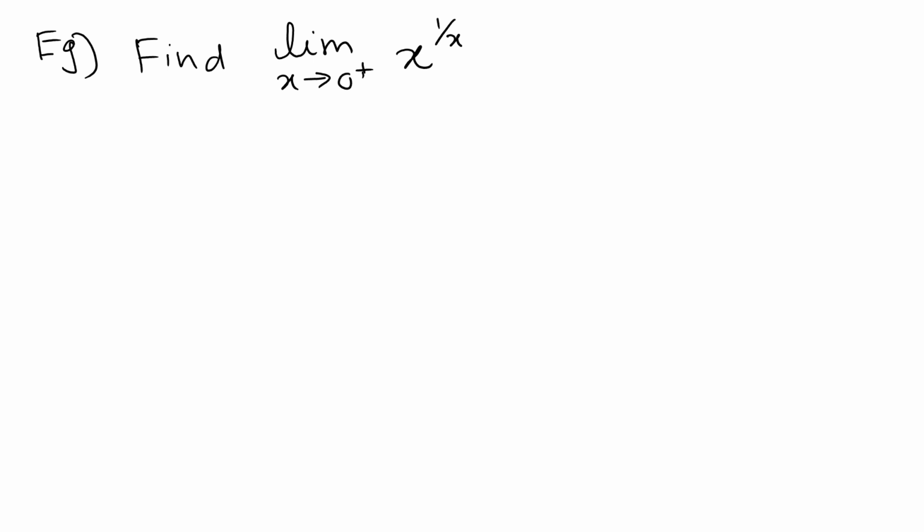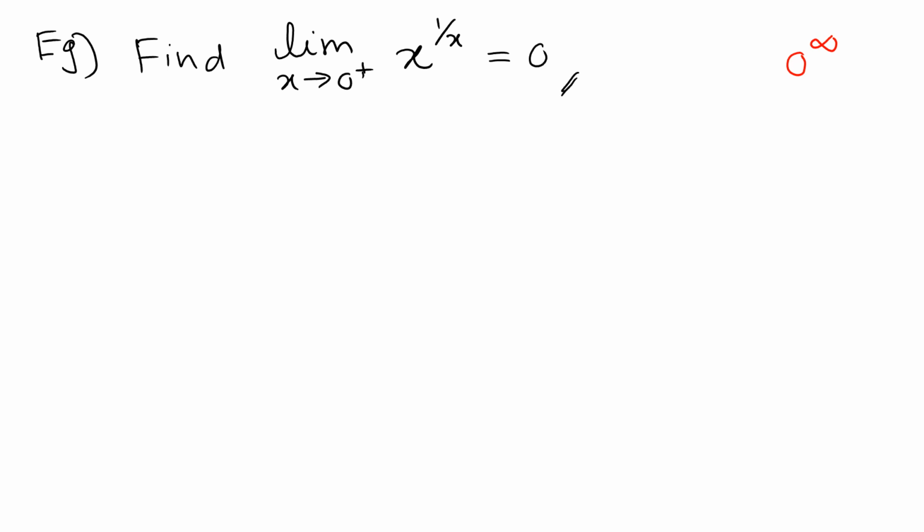When x goes to 0 plus, the base goes to 0 and the exponent goes to infinity. When you multiply 0 by itself infinitely many times, will it grow or get smaller and smaller? You can see clearly this is going to be 0. So this is not an indeterminate form. We know this one is 0.